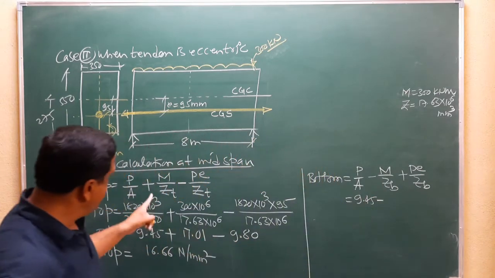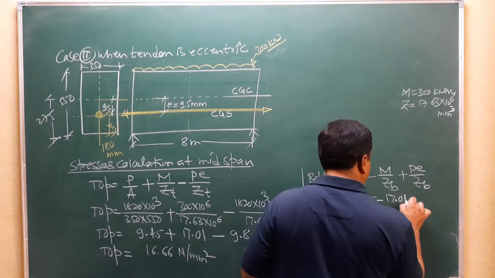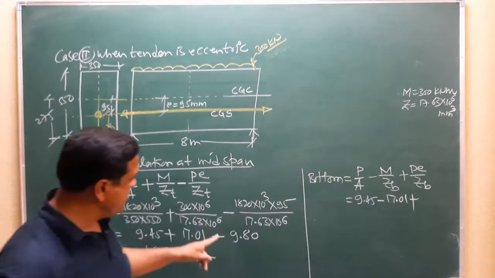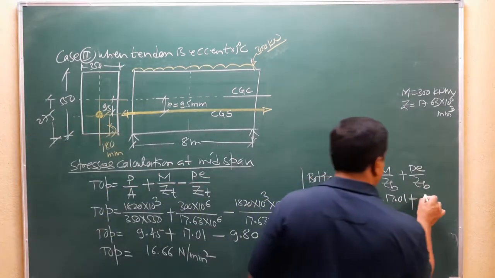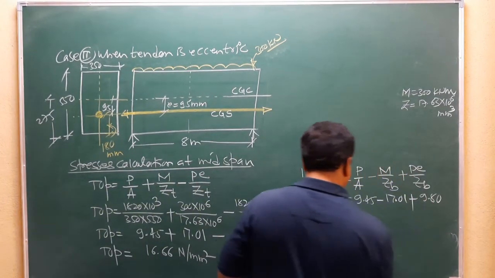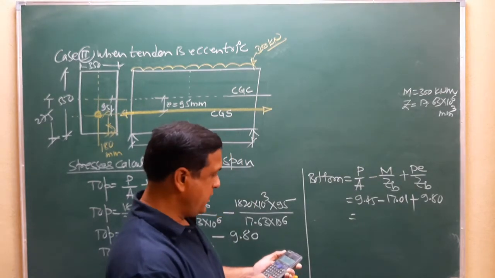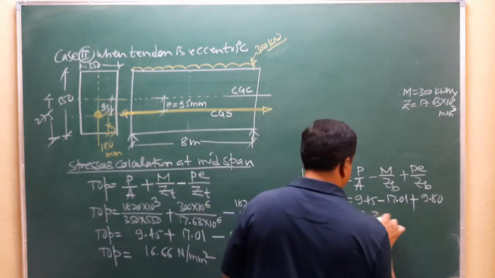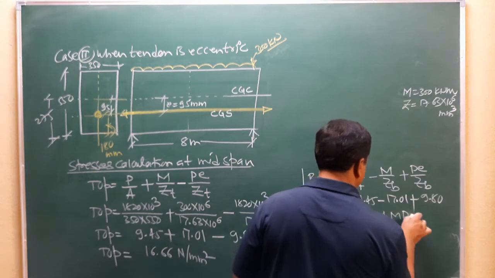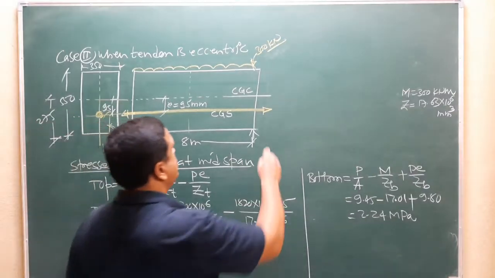M by Z term already we have calculated, it is 17.01. And P into E by Z, it is 9.80. Now what is the value? 9.45 minus 17.01 plus 9.80. This term is 2.2 megapascal. So top fiber stress is positive as well as bottom fiber stress is positive.